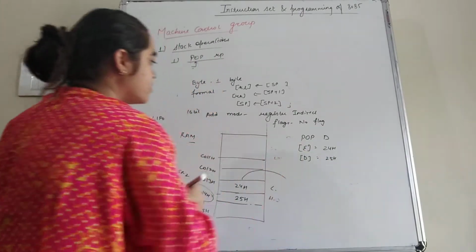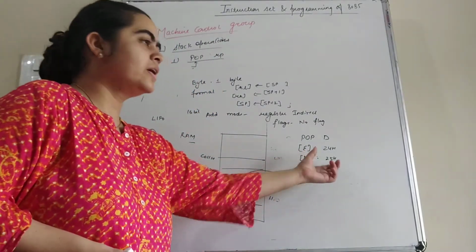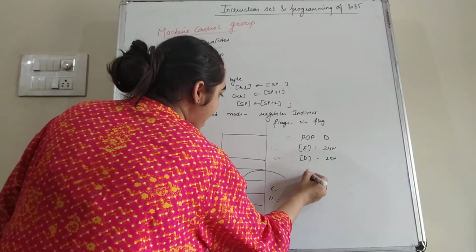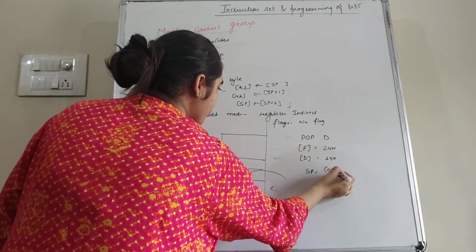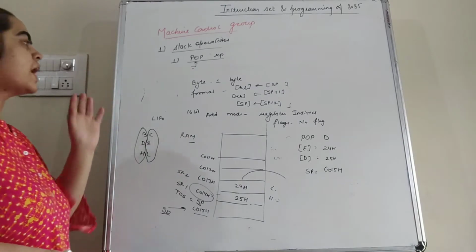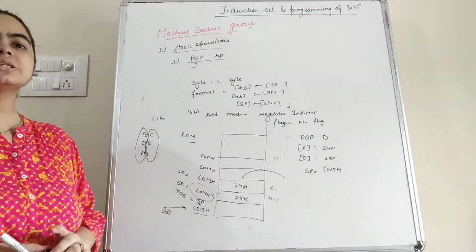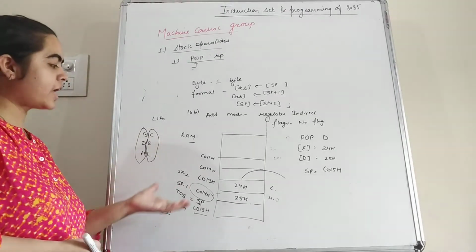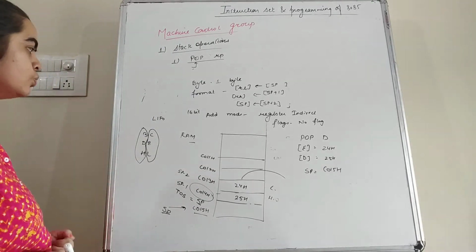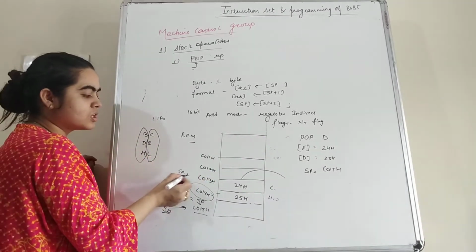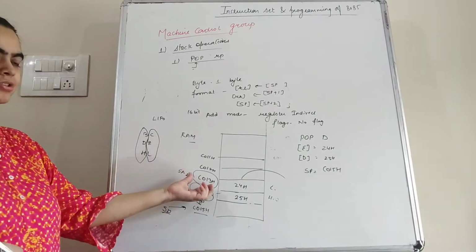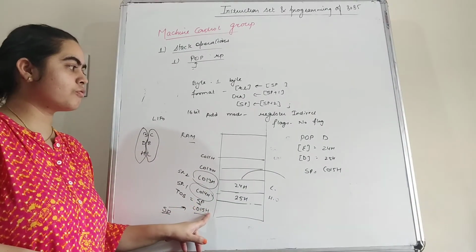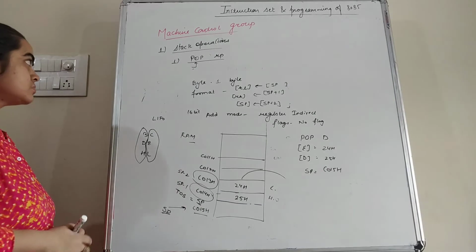So the D value after the execution of this instruction is 25H, and after adding the values into the DE pair, the stack pointer's current location is C015H. So students, after every pop operation, the stack pointer is incremented by 2, and when we perform push operations, every time it is decremented by 2. In this case, before execution the stack pointer had value C013H, but after the execution of the POP instruction the stack pointer has value C015H. So this is about the pop operation.